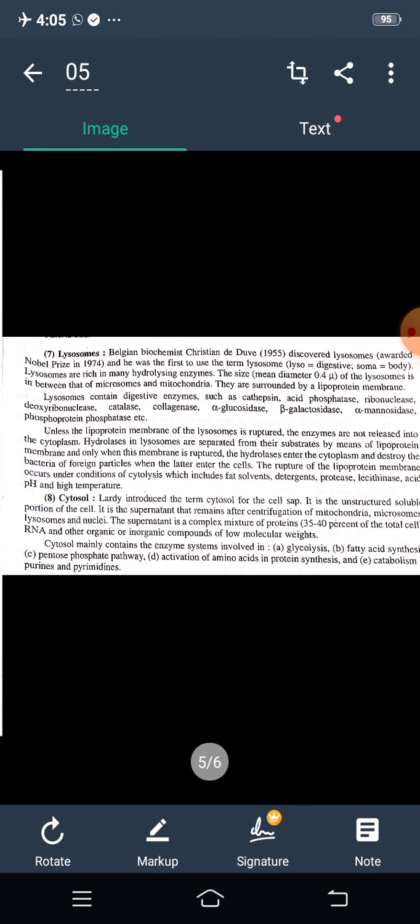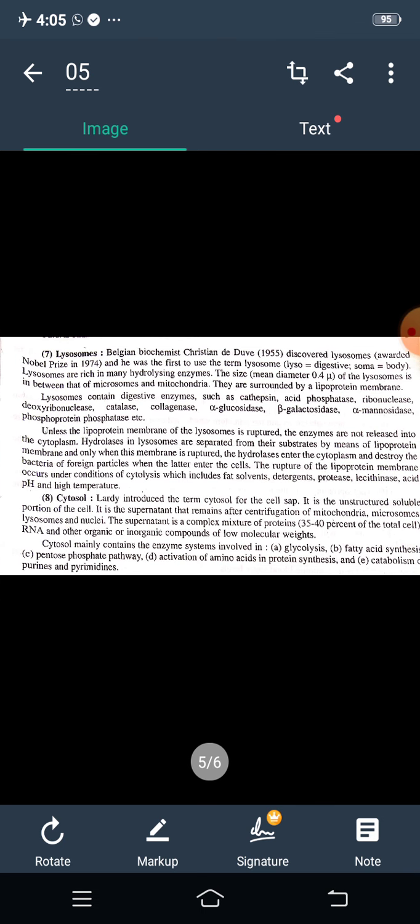So lysosomes contain digestive enzymes such as pepsin, acid phosphatase, ribonuclease, deoxyribonuclease, catalase, collagenase, alpha glucosidase and beta galactosidase, alpha mannosidase, phosphoproteins, phosphatases, etc. Unless the lipoprotein membrane of the lysosomes is ruptured, the enzymes are not released into the cytoplasm.